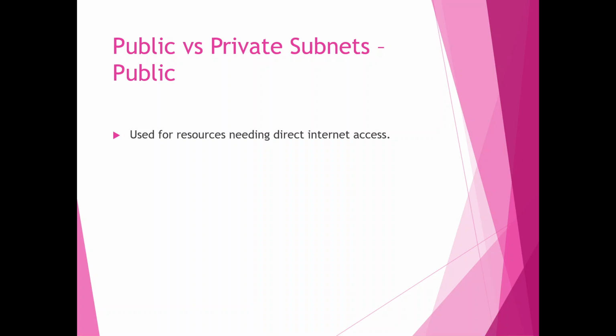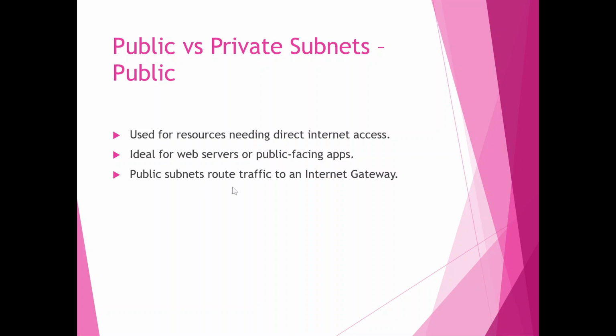We'll see all this in the next lecture: what is an internet gateway and how it works. It's ideal for web servers, as I told, for public-facing apps, and public subnets route traffic to an internet gateway.